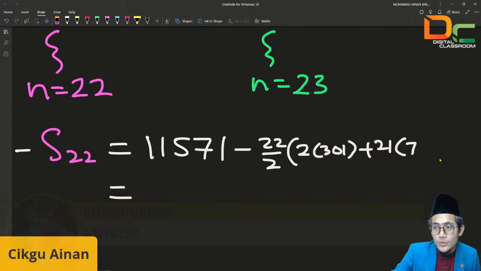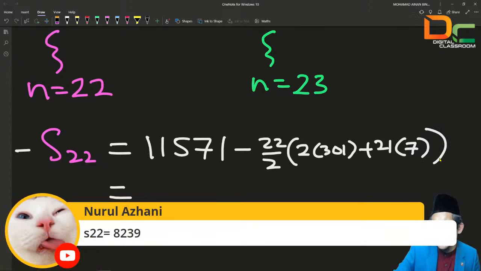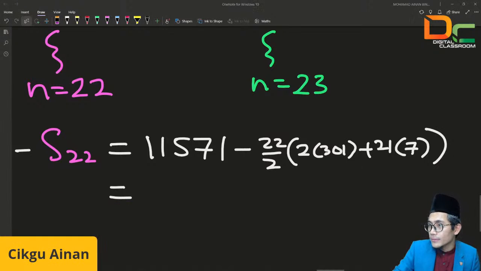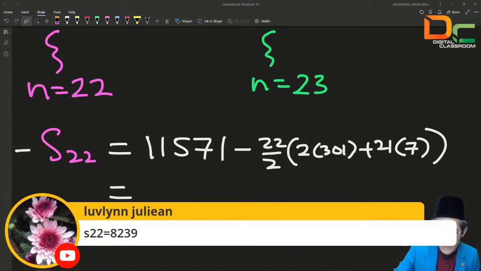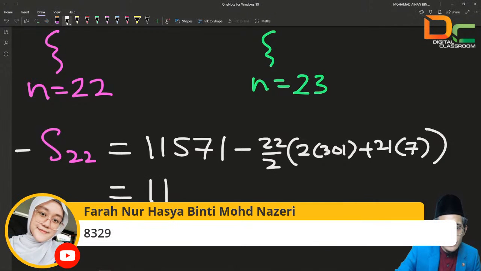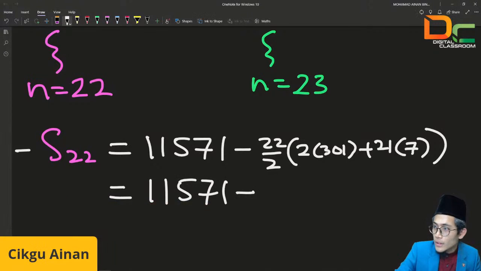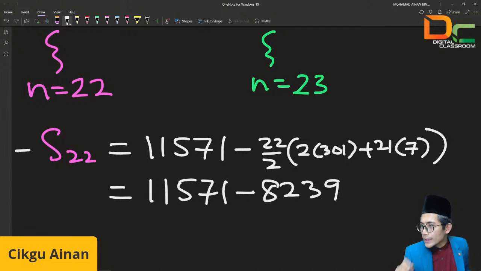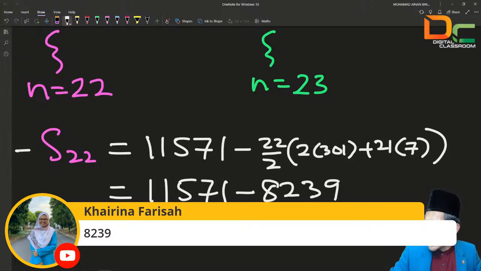D is 7. Siapa tadi dapat nilai tadi? Dia 8,000 something. Yes, 8239. So this one lah. 8239. Yang dapat 9856 tu mungkin you make careless mistake somewhere.